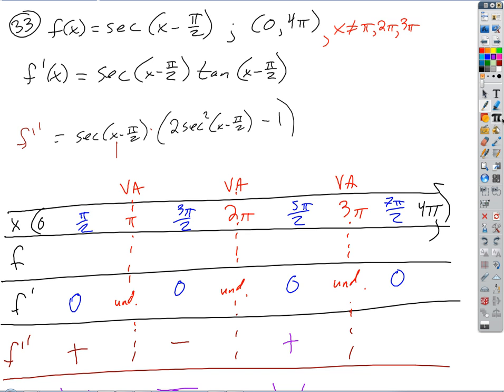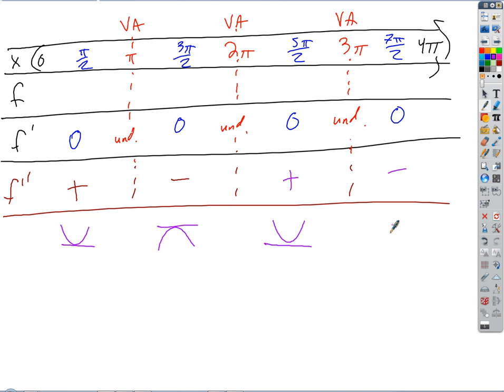Most of the time, isn't it every other? Yeah, a lot of times you'll see this kind of symmetry. Not always. So that's everything we need to know about the function. There are no points of inflection, but we have minima and maxima at these values of x that we could put into our function and find the values of y if we wanted to.